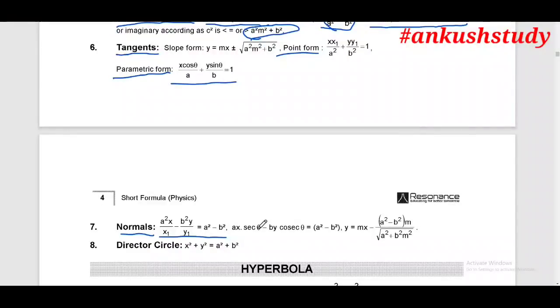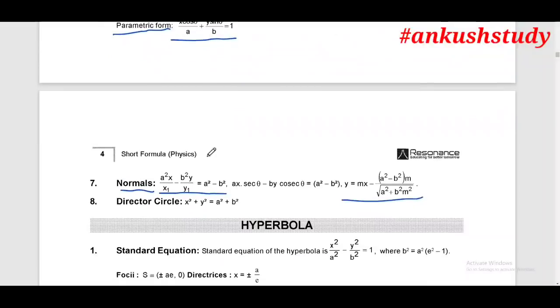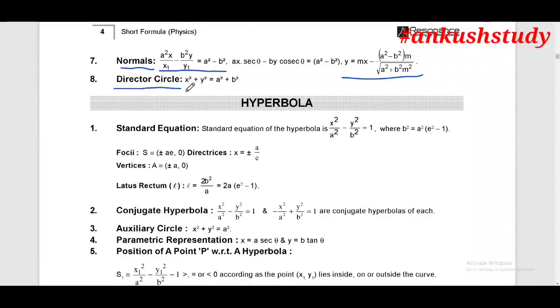Also, ax sec theta minus by cosec theta is equal to a square minus b square, and y is equal to mx minus (a square minus b square) m upon under root a square plus b square m square. And the director circle is x square plus y square is equal to a square plus b square.